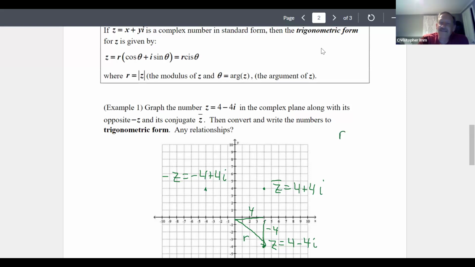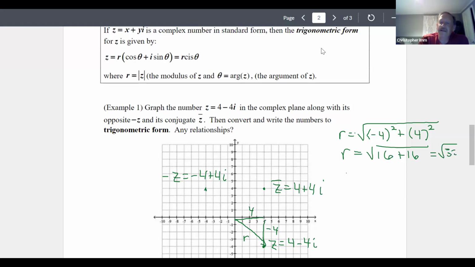You might see that this is a special triangle, but when we first start out, we'll go ahead and use the formula. So I'm plugging in that formula above. I have negative 4 squared plus 4 squared in either order. That's going to give me 16 plus 16, or the square root of 32.